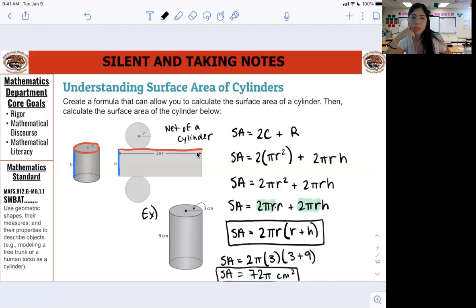Any questions? This one's a little bit more tricky, so please make sure that you're taking a look and understanding where everything comes from. I'll do a little bit of highlighting. I know that this will be helpful just to see where everything comes from.